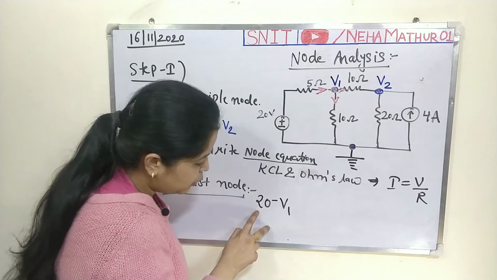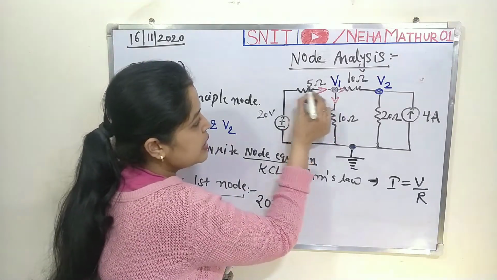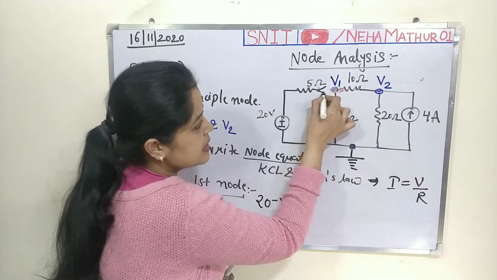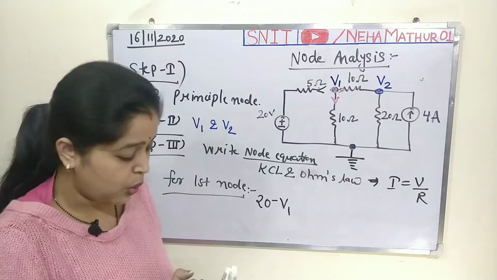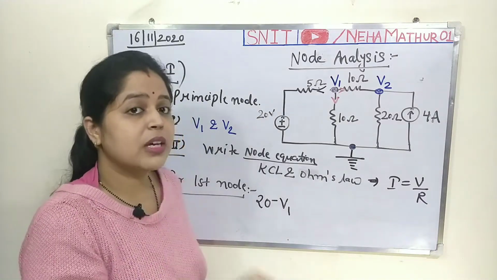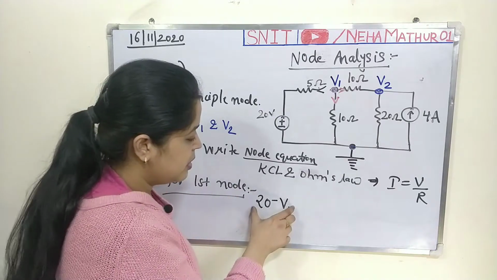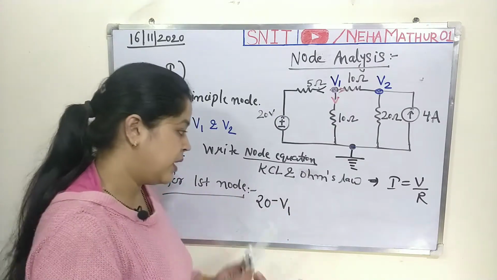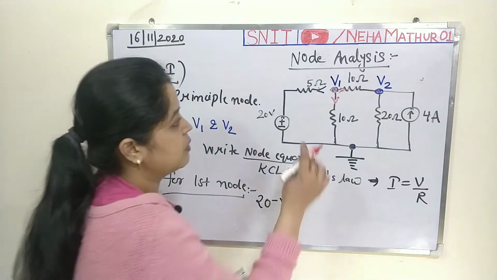That's why I am writing 20 minus V1. If you are taking the opposite direction like this, then you will have to write V1 minus 20. So as per the direction of the current, the voltage drop indication may differ. It may be 20 minus V1 or V1 minus 20, depending on the indication of the current.